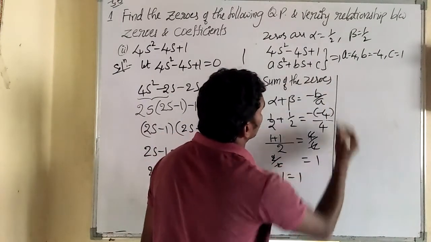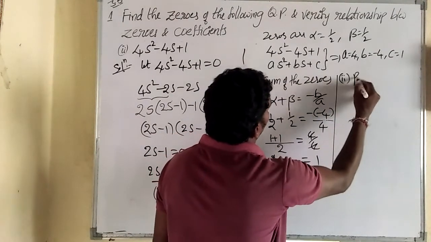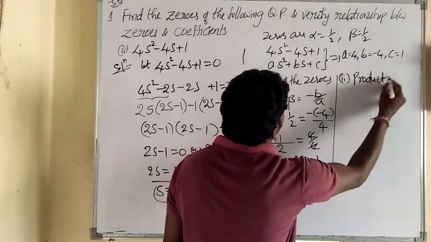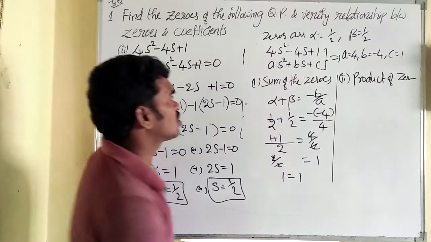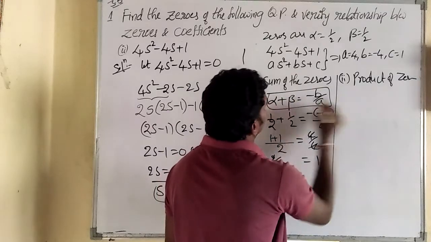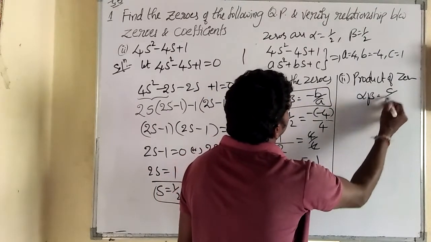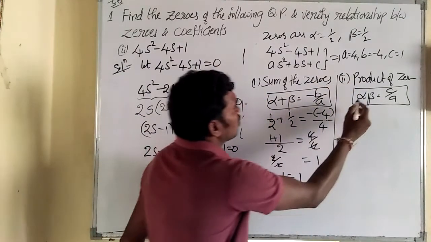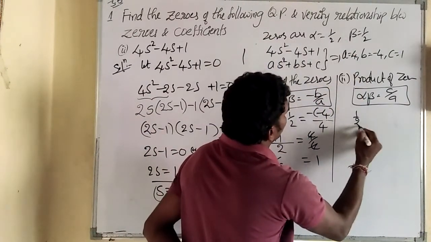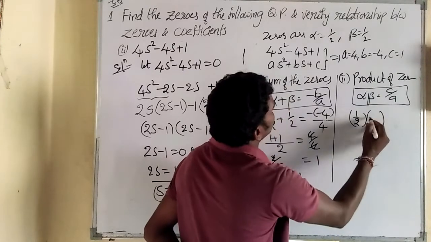Next, the second one. What is the second one? Product of the zeros. So what is the product of zeros formula? Alpha beta is equal to c by a. What is the alpha value? 1 by 2 into, what is the beta value? 1 by 2.